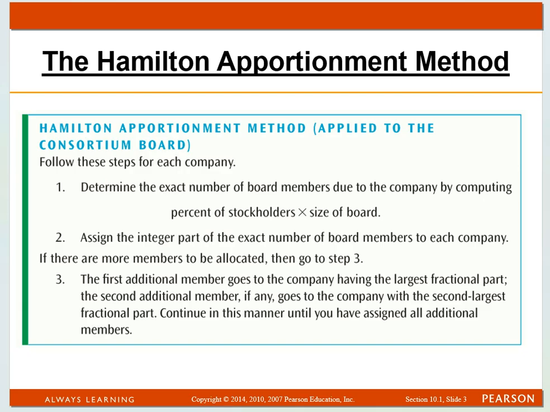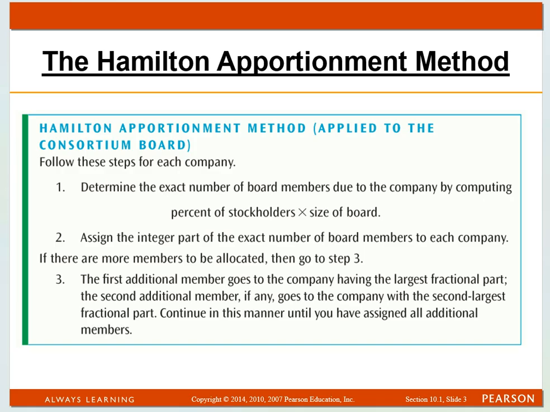So like if there was, I don't know, 50 million people in the United States and Alabama had like 150,000 people, you would take 150,000 and divide it by 50 million, just like we did in chapter 8. And that would give you a decimal answer. So if it was like 0.03, then they would only be entitled to 3% of the seats in the House of Representatives. So that's what he did, and that's step number 1.